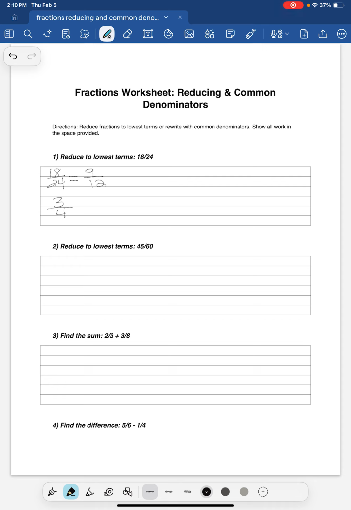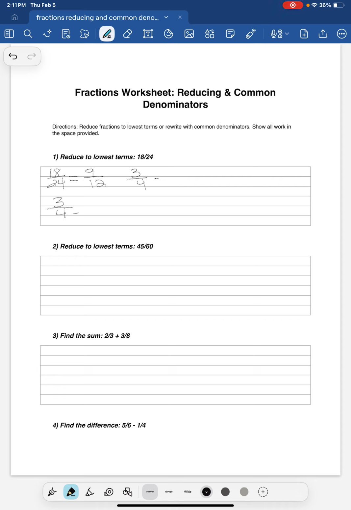So we try 3, and yes, you can divide 9 by 3 and get 3. You can divide 12 by 3 and get 4. So you see that you have the correct fraction. If you need to take those extra steps as you practice, as you learn, that is absolutely okay. We just got to get to that lowest term whichever way we can.